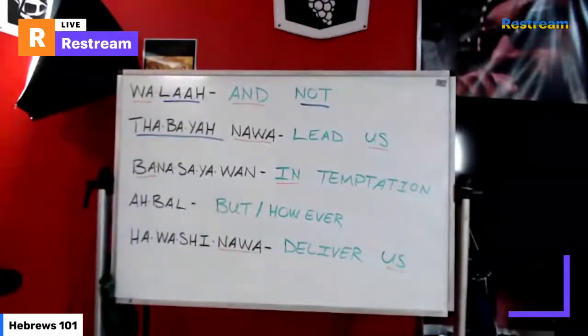We're making pretty good time, so we can go over. All right, we're almost done. Just stick with me. Just endure to the end. All right, continuing on, we have Wala'a and not Tabayanoa, lead us. Lashawan, in temptation. A ball, but, or however, then we have Hawashinawa, deliver us.